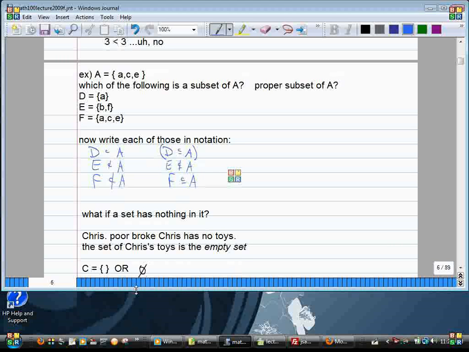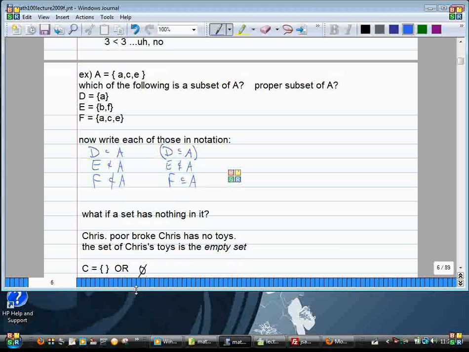Now, what's a subset of this set? Can you make up another set that also has these elements in them?